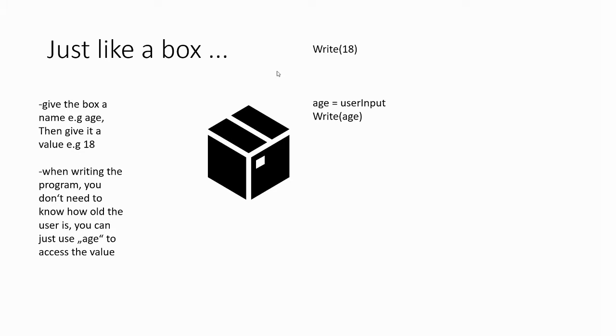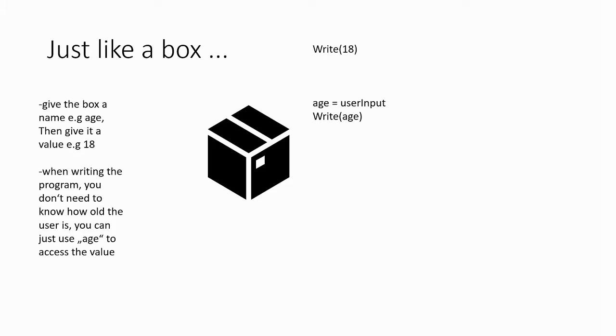If you're not familiar with the concept of variables, you can just compare it to a box. You give the box a name, for example age, and then give it a value. So you put the value into the box. Okay, you put the value 18 into the box. I know it's physically not that possible, but abstractly thinking, it's a good example.